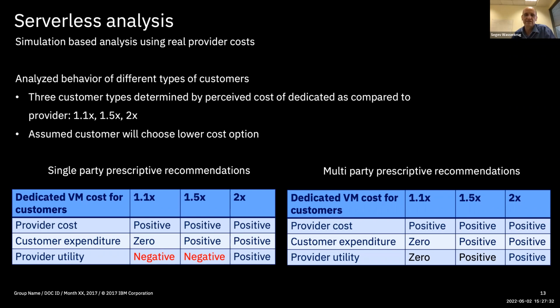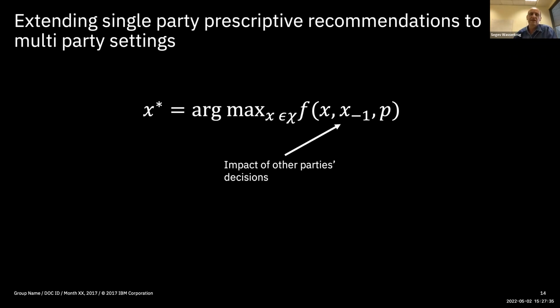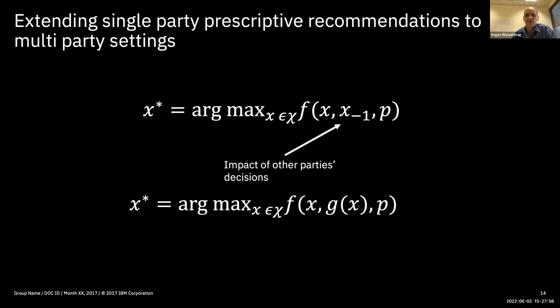And so the simplest is to say, so what did we say? We say, first we need to take into account, so let's now expand this very high-level equation that I showed before. Okay, let's now add the impact of other parties' decisions, or we need to bake that into the objective, but typically it doesn't just go straight in, because we also have to incorporate how my decision will then impact the other party's decision.